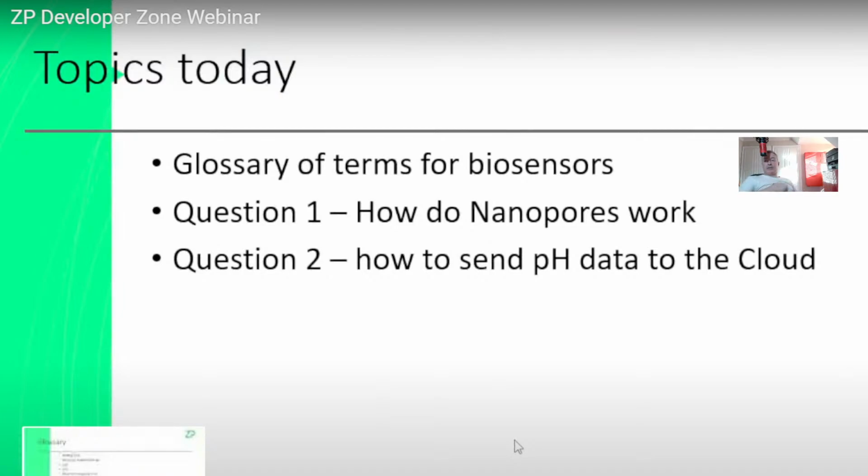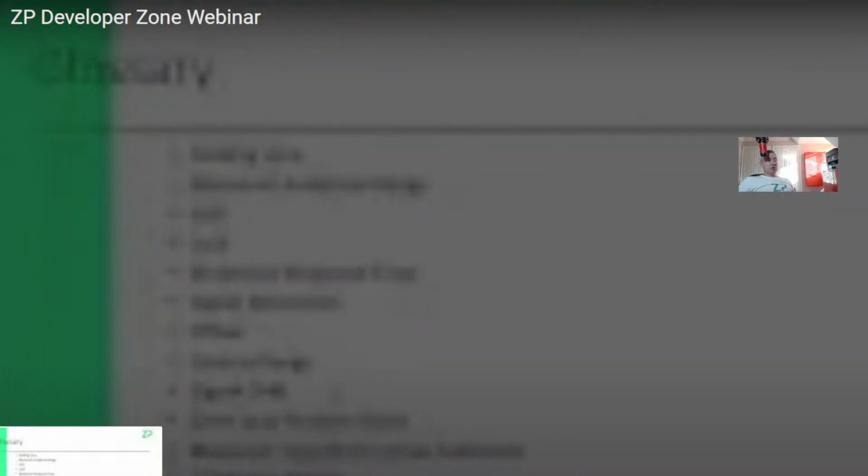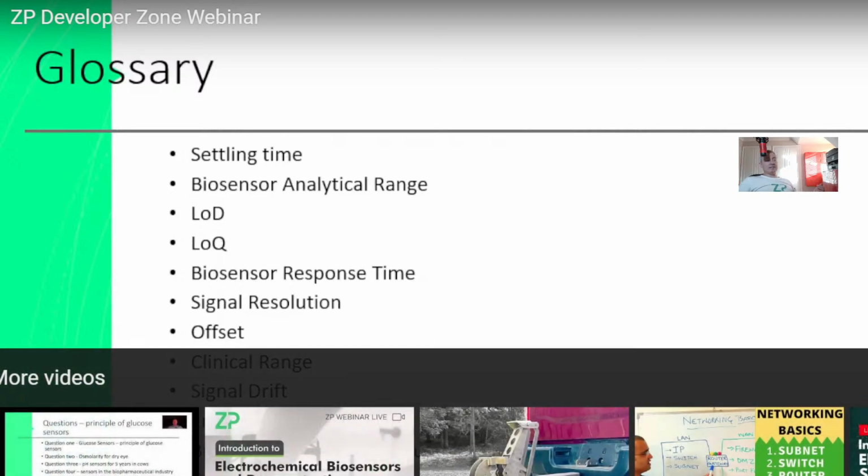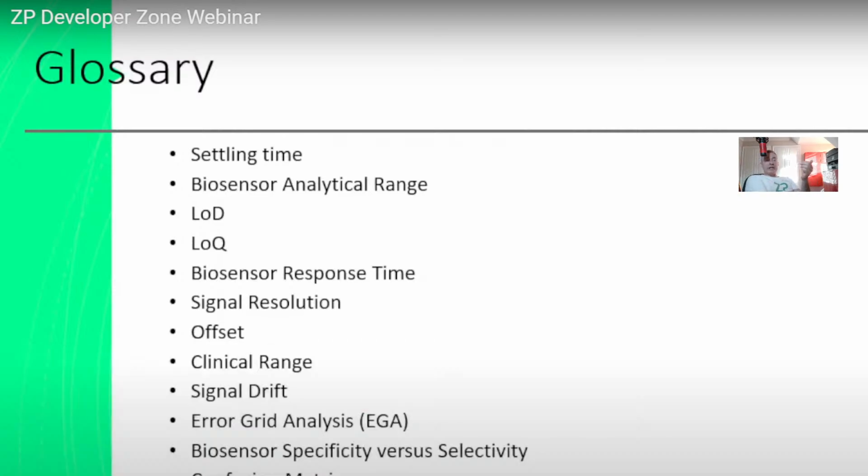At Zimmer and Peacock, we do have a web page which talks about things like the settling time of a biosensor, the analytical range of a biosensor, the limit of detection, the limit of quantification, response time, signal resolution, offset, clinical range. This is a very long list. Signal drift, error grid analysis, biosensors, specificity versus selectivity, and that is a complicated one. A number of times people get that mixed up.